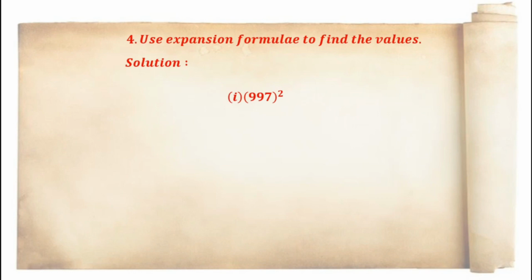So what do we have to do here? We have to see that 997 is equal to 1000 minus 3. So 997 square is equal to (1000 minus 3) square.